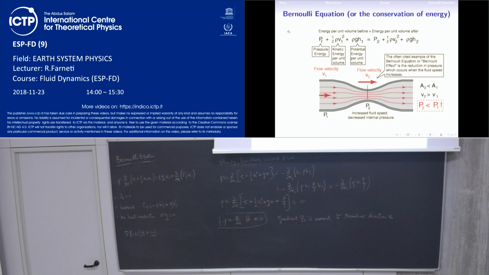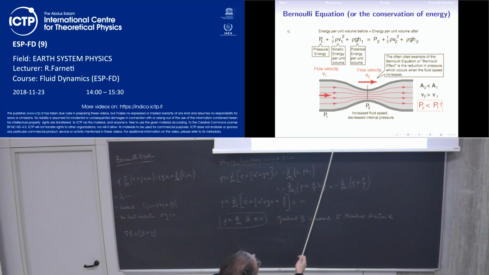In this example, it's telling you that at point 2, the velocity is larger because of continuity. Say the potential energy is the same because you're staying at the same level, so these two terms are equal. The kinetic energy increases because of continuity.